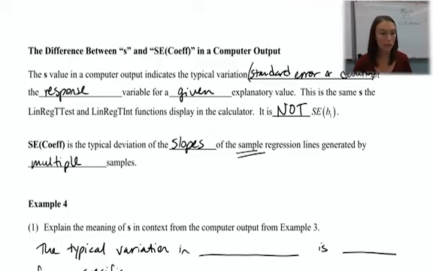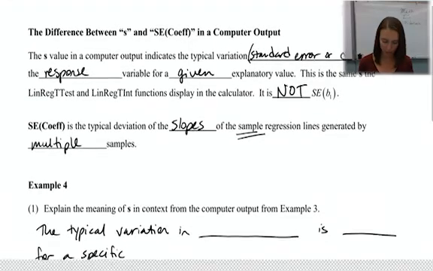You can see on my screen, for my calculator, S equals 1.6269. This is not SE of B1. SE of our coefficient is the typical deviation of the slopes. So not the deviation of the response variable for a given explanatory variable, but the typical deviation of the slopes of the sample regression lines generated by multiple samples.